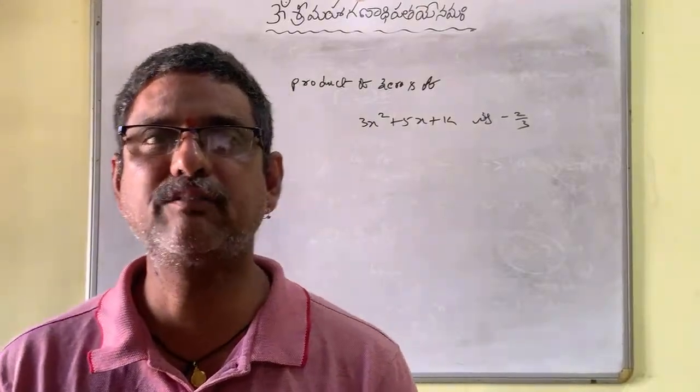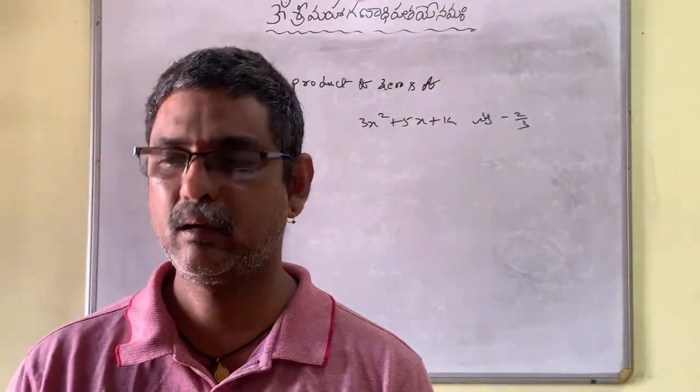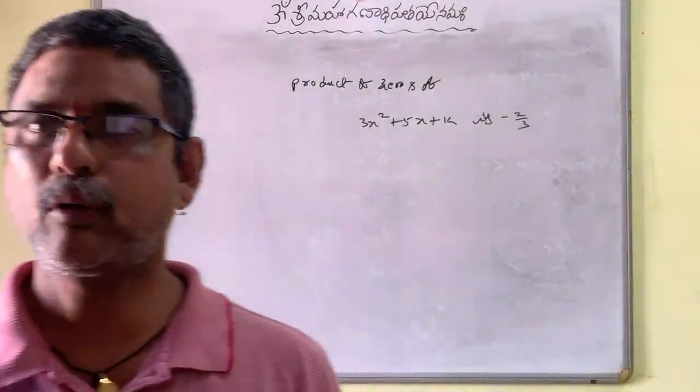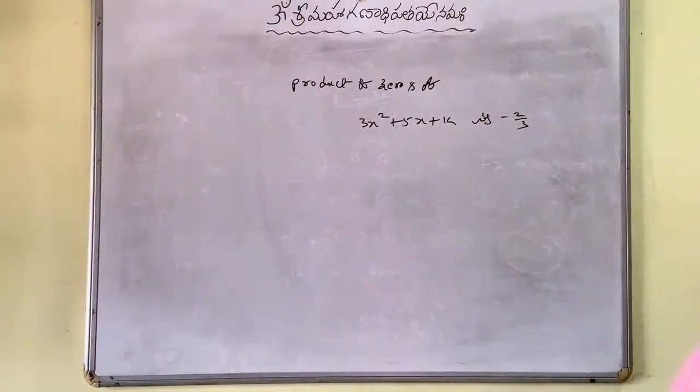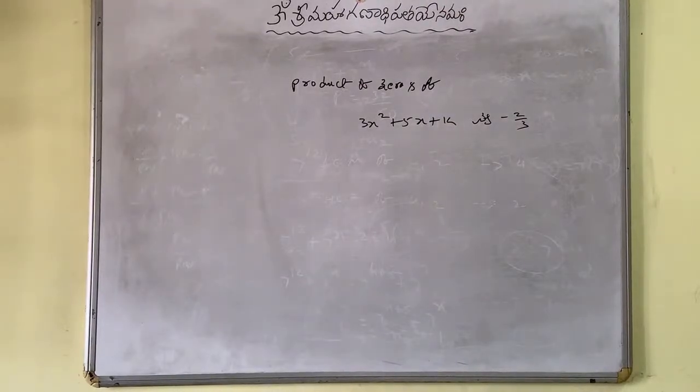Generally, what is the product of zeros of a quadratic polynomial? C by A. Very good.